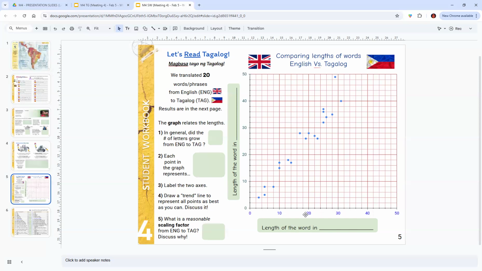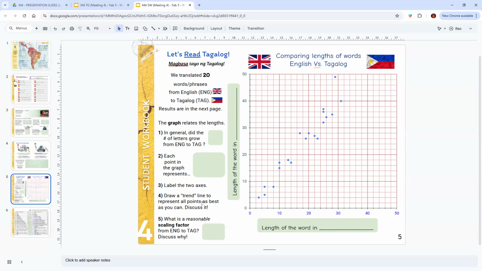Labeling the two axes will be easy now because we see that this doesn't go past 30 something, right? Whereas this goes way past 30. So this has to be the longer language, so Tagalog, and this should be English.